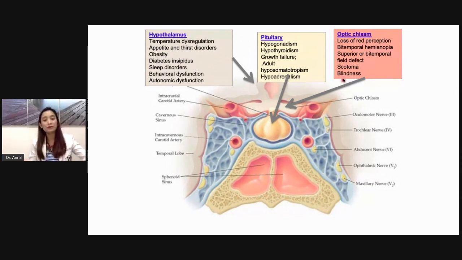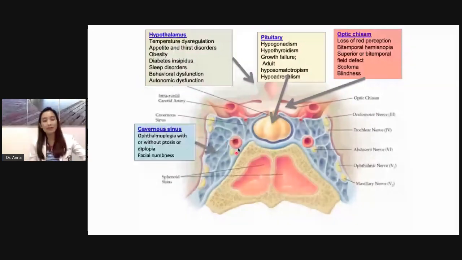If your tumor expands this way and affects your cavernous sinus, you can have ophthalmoplegia, because some of the cranial nerves control your extraocular muscles, and even facial numbness. So these are the cranial nerves in this area: 3, 4, 5, and 6.